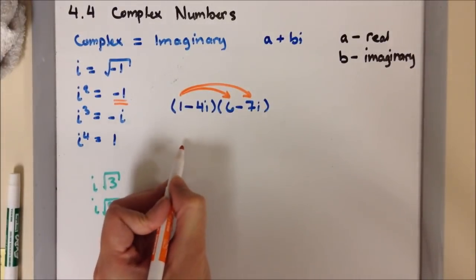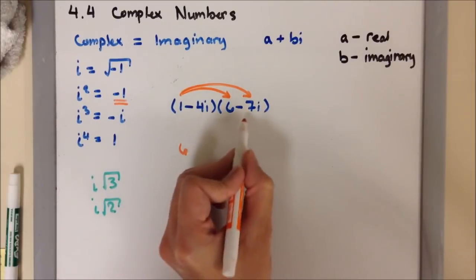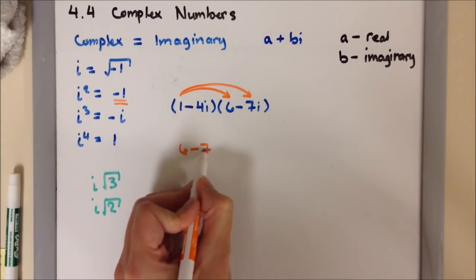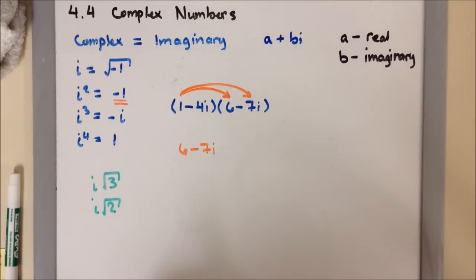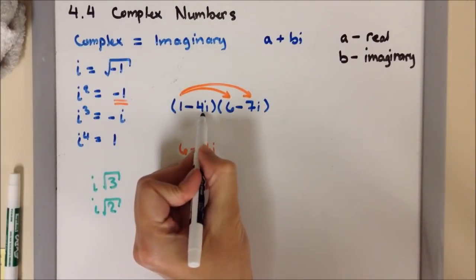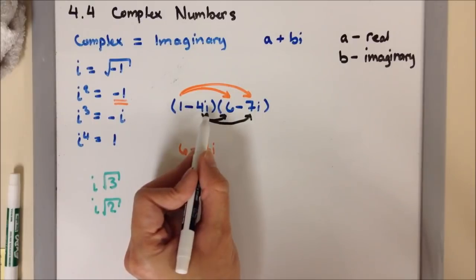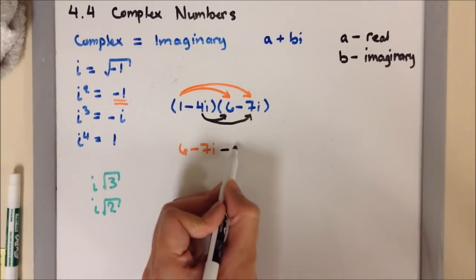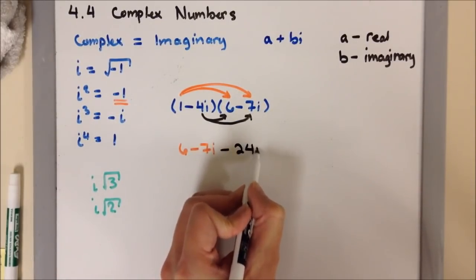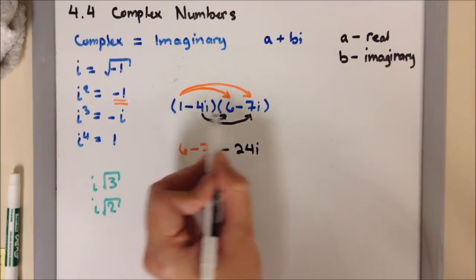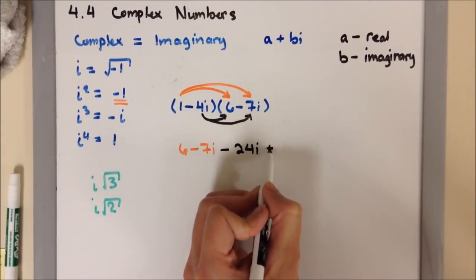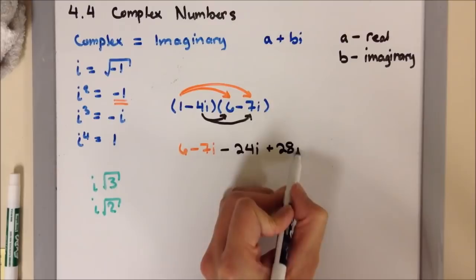So 1 times 6 is 6. 1 times negative 7i will be minus 7i. And then the second part will be my negative 4i. I'm going to multiply it to the 6 and to the negative 7i. So negative 4i times 6 would be negative 24i. Negative 4i times negative 7i will be plus 28i squared.